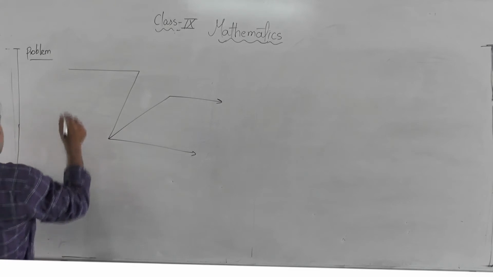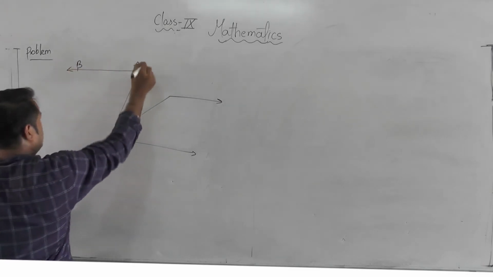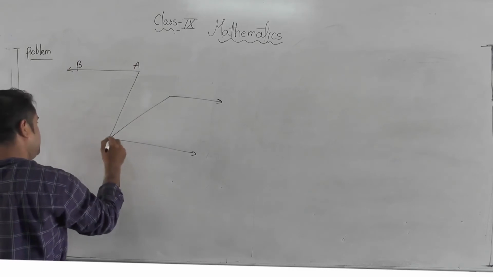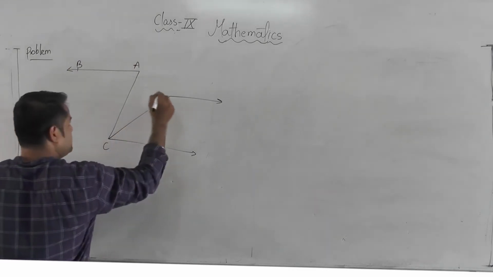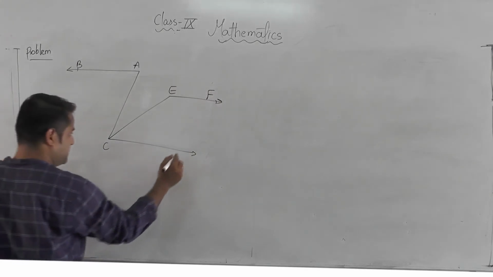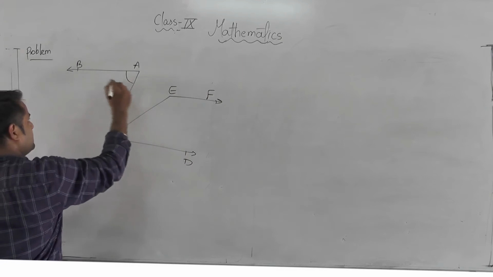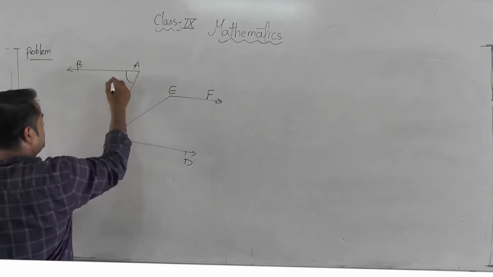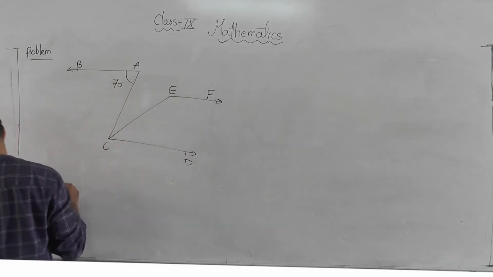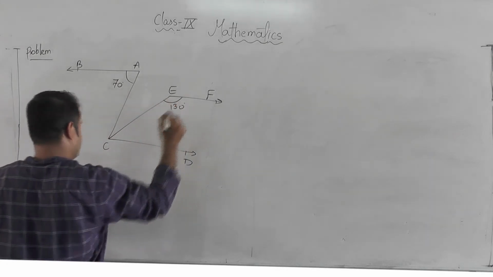It's like this. This is AB, this is AC, CEF, and this is CD. This angle is given as 70 degrees, and this angle is given as 130 degrees.